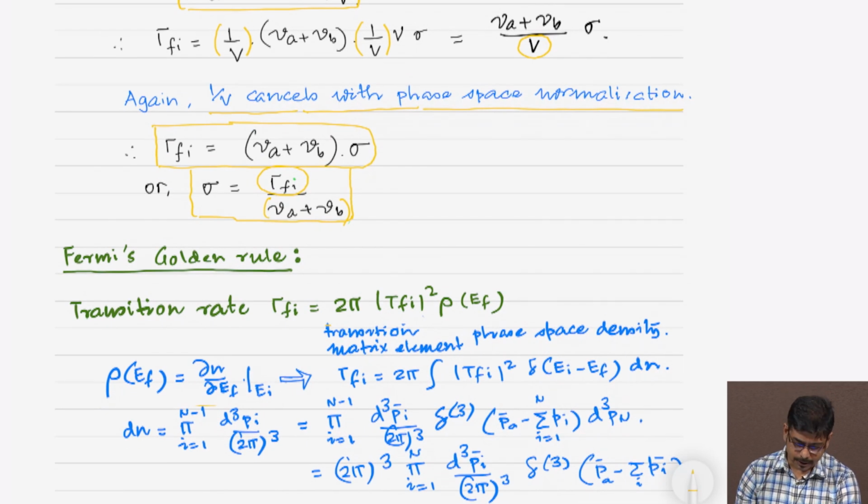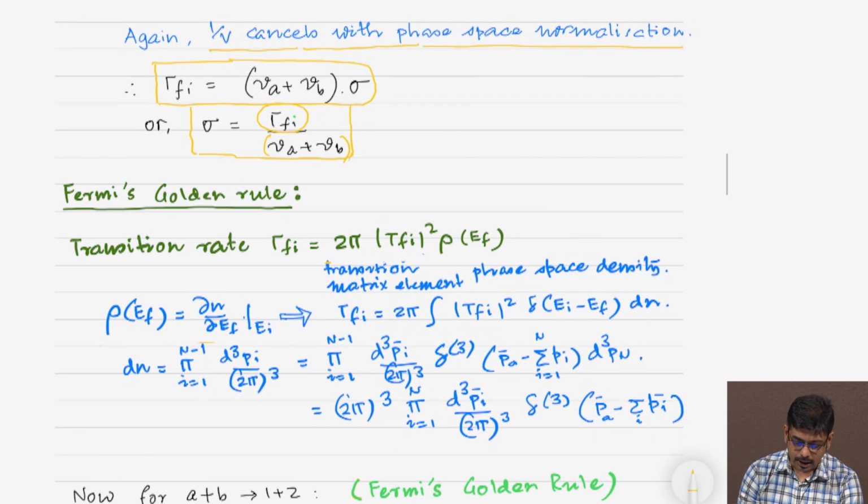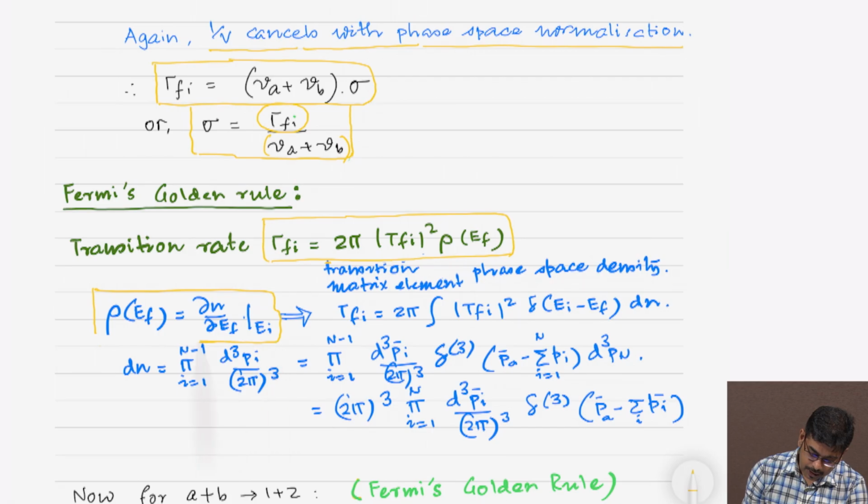Let us remind ourselves of the transition rate using Fermi's golden rule. What was the expression? It says that gamma Fi is related to 2 pi times |T Fi| squared times rho(Ef), where rho defines the phase space density, del n by del Ef, evaluated at Ei, and |T Fi| squared is the transition matrix element squared. Now, what is the phase space density?